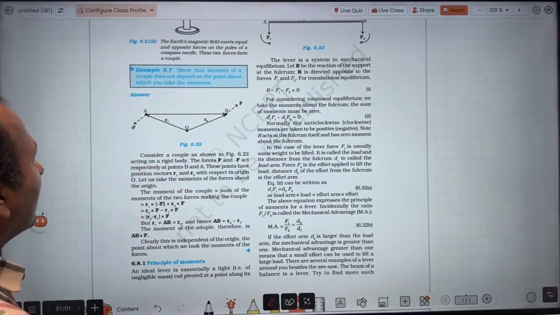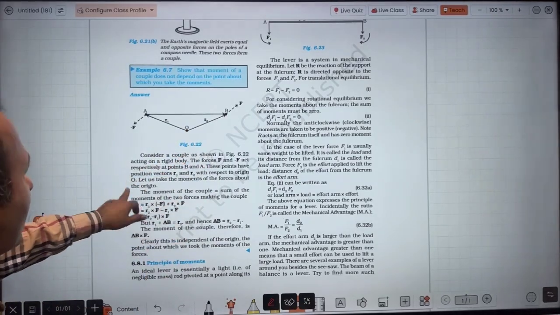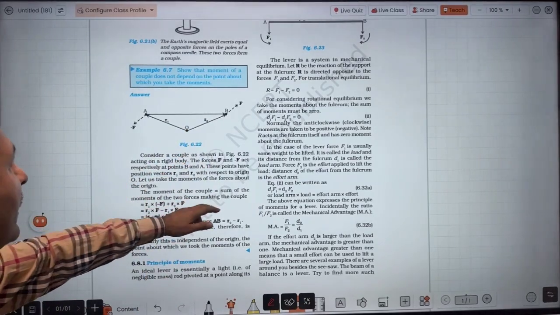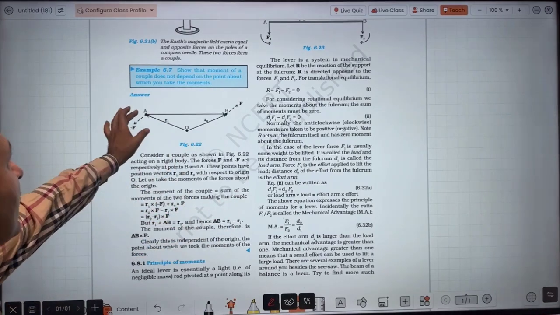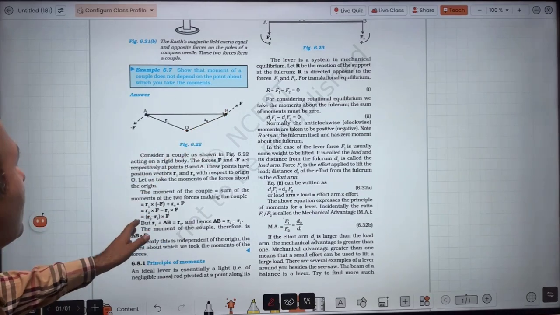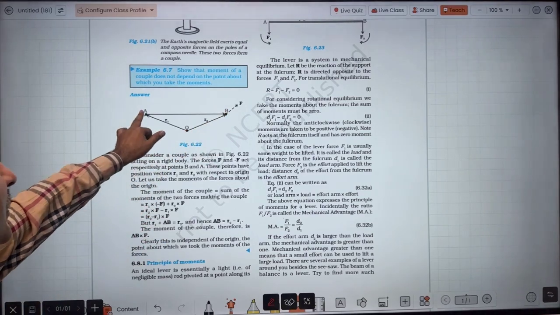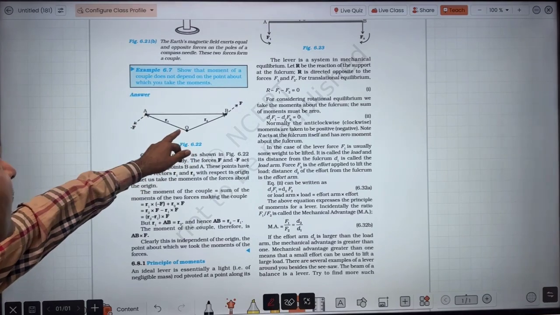So we take the total moment of the couple to be the sum of the moments of the two forces making the couple. So here this is making a couple and this is also making a couple. So you have to take the cross product, or take the perpendicular distance between the force and the point of action.